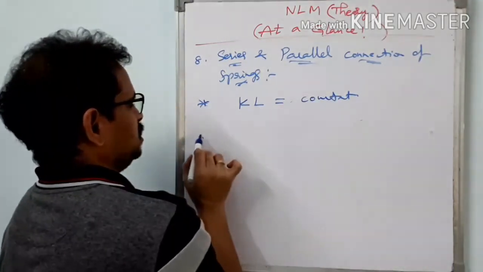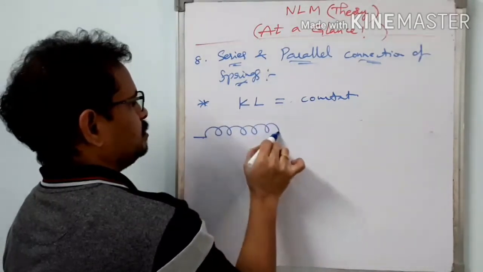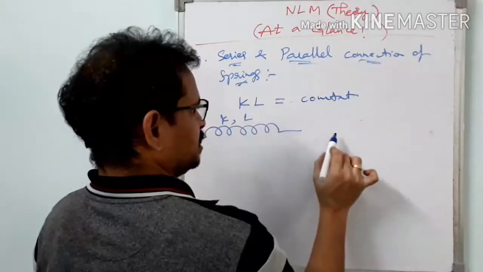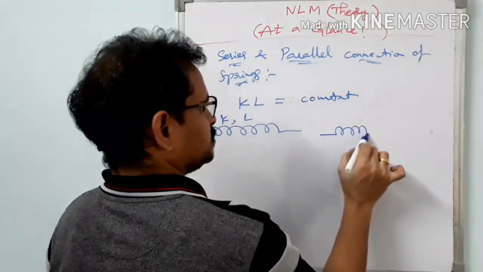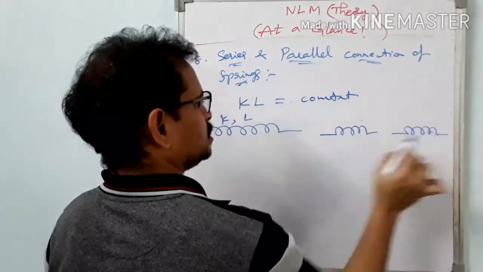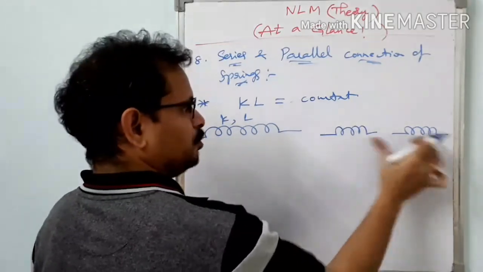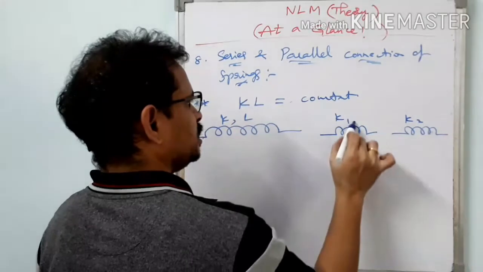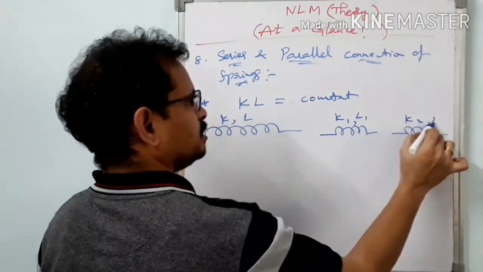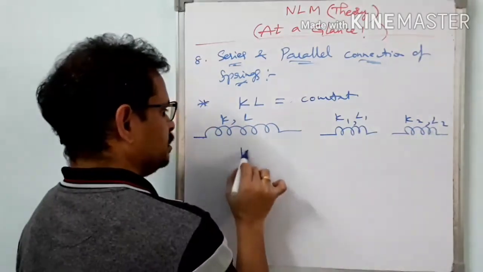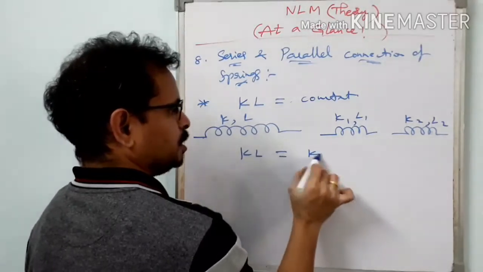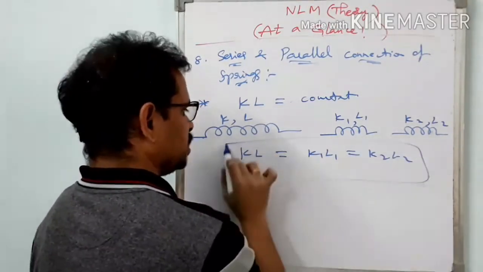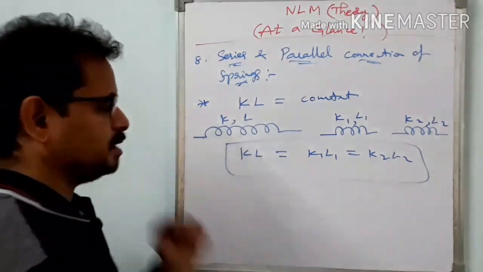Suppose a spring is there of force constant K and length L, and suppose this is cut into two parts, a small spring here and another small spring, then we get two new springs. Here its spring constant will be K1, here it is K2, and here its natural length is L1, here its natural length is L2. Then KL equals K1 L1, which equals K2 L2. This is one important result regarding springs here.